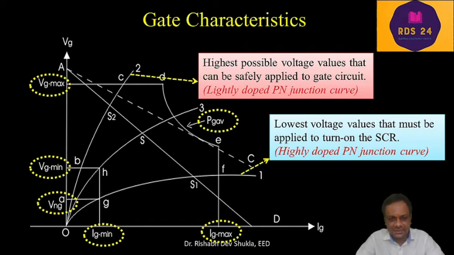If your noise signal is greater than the non-triggering gate voltage, that can be responsible for the false triggering of the SCR. So it should be ensured that all the noise signals, all the other unwanted signals, should be less than the non-triggering gate voltage.